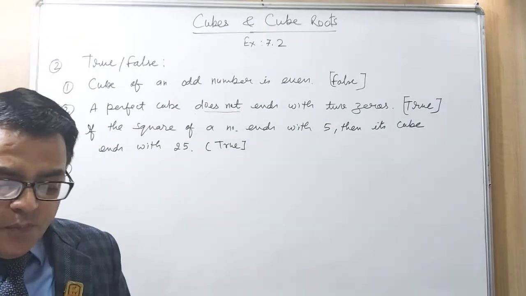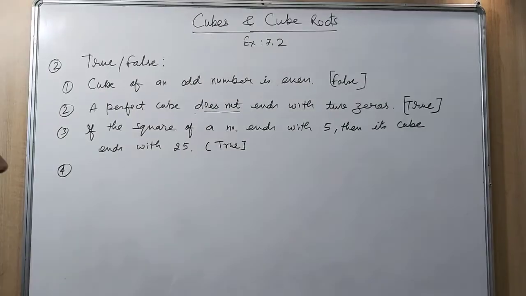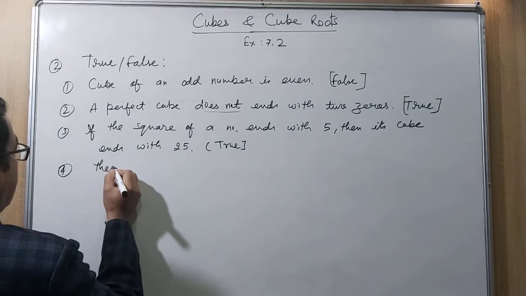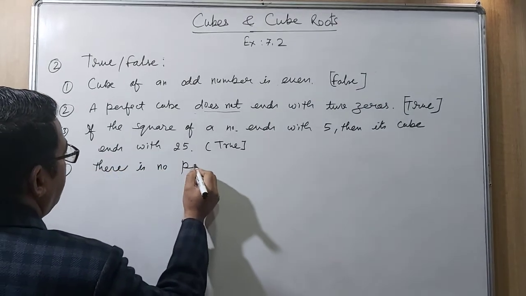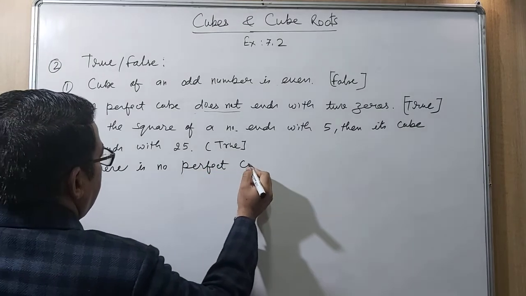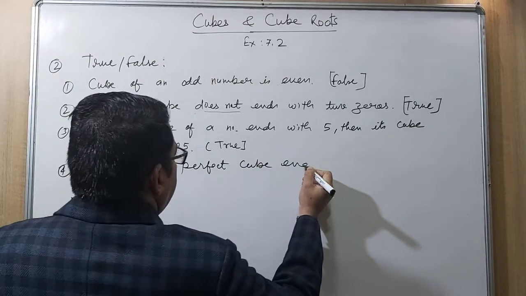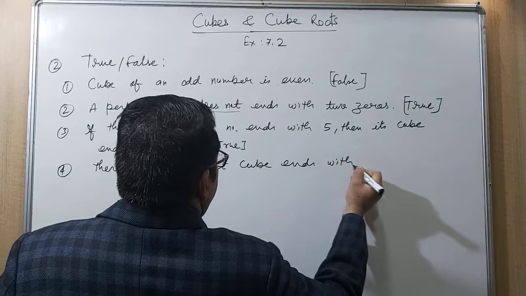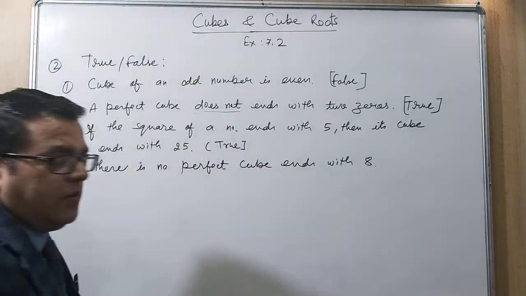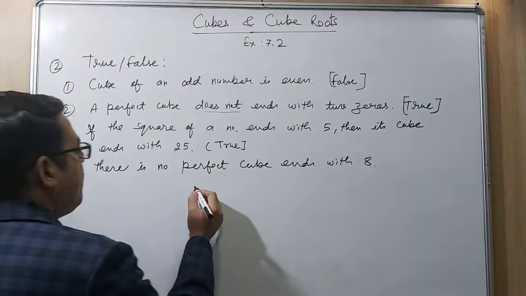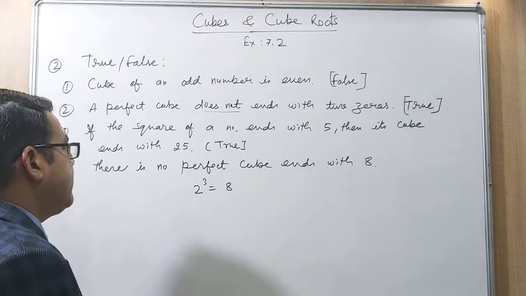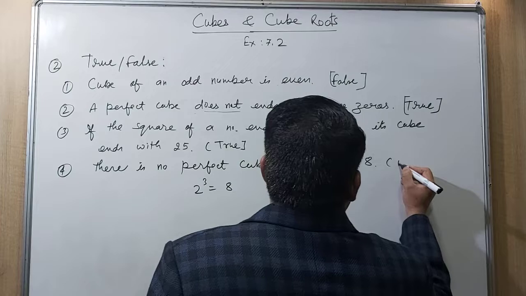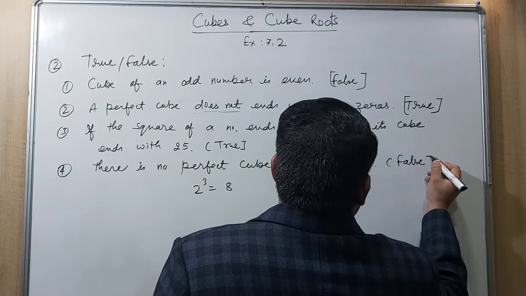Now the 4th part. There is no perfect cube that ends with 8. You can see the cube of 2 ends with 8, so this is false, right?